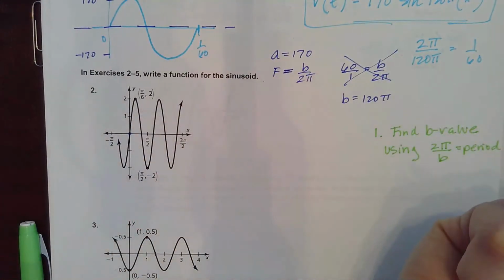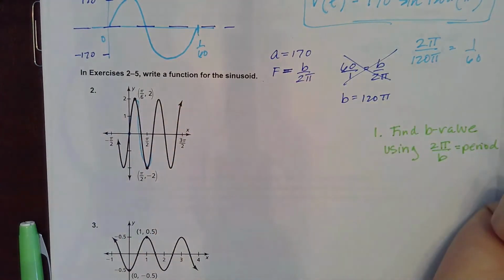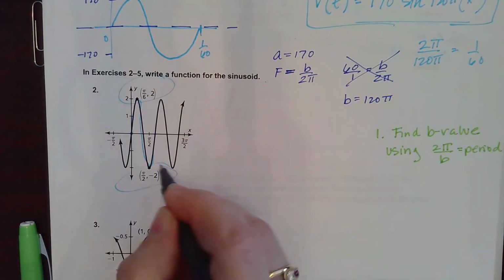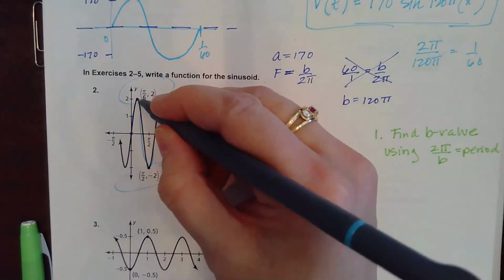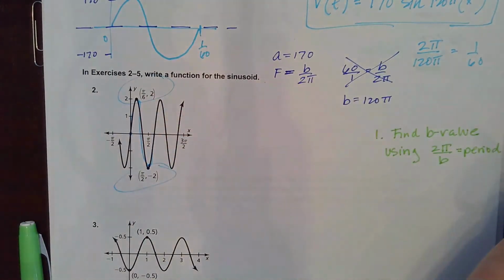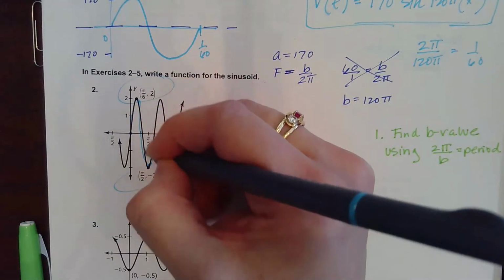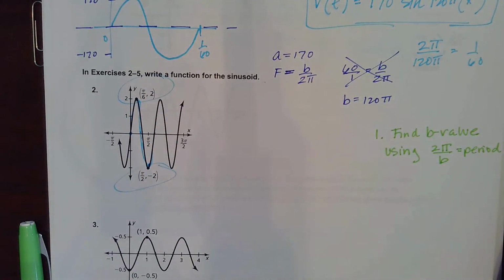You can measure this by looking at one complete revolution, but notice what they provided for us on this graph. They gave us a max and a min. And I know that from one max to one min is half of a period, because it goes from midline, max, midline, min, midline. So this one distance here is half of a period.